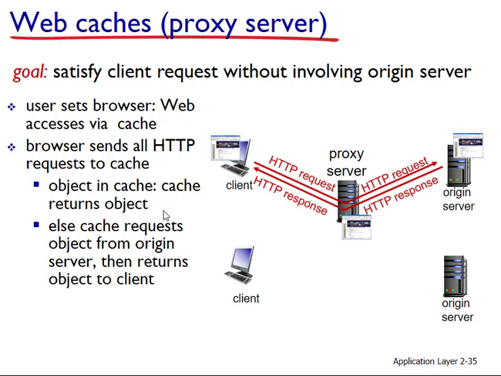The web server responded to the proxy server, which in turn responded to the client. The next time that client requested that page, the proxy server was able to satisfy that request without having to access the origin server, because it had stored a previous request for that page in its own storage.